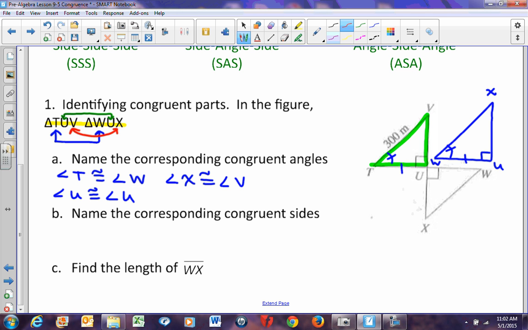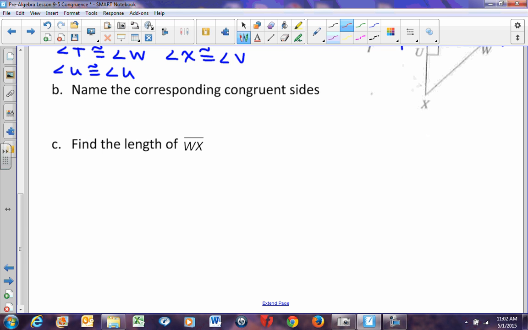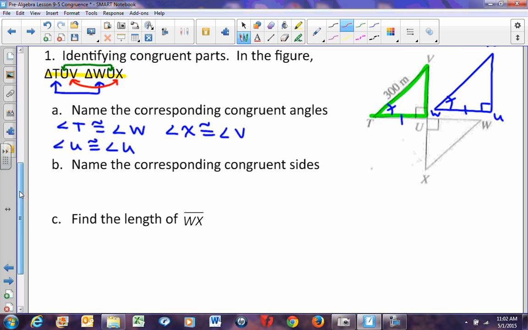Which means now I can name my congruent sides. If I didn't even draw my figure, I should be able to name my congruent sides. Here, if I looked at the figure, the congruent sides of TU is congruent to WU, right? Which it is. If we look here, TU is congruent to WU.